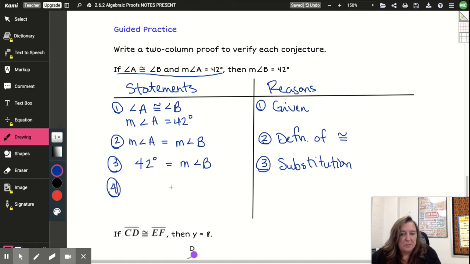And then my next step from there, I need it to say measure of angle B is equal to 42 degrees. Right now it says 42 degrees is equal to measure of angle B. So I can flip that around, put measure of angle B is equal to 42 degrees. And the reason I can do that is because of this symmetric property.